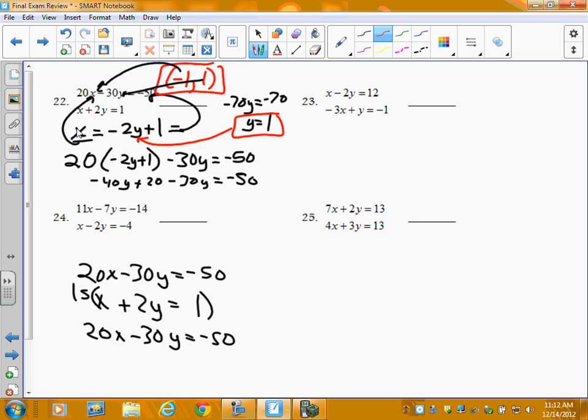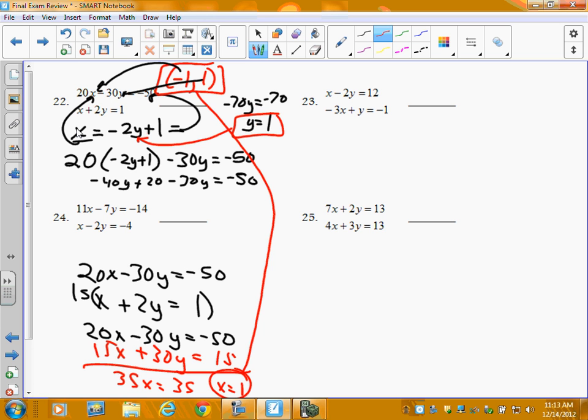When I multiply by 15, that gives me 15x plus 30y equals 15. And then 35x equals 35. X is 1. Sorry, negative 1. The same negative 1 I got down here, I got up there as well.